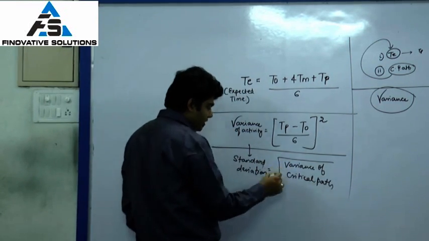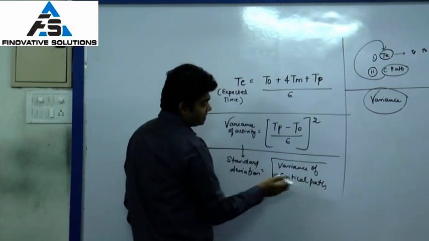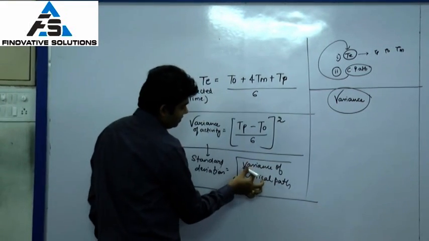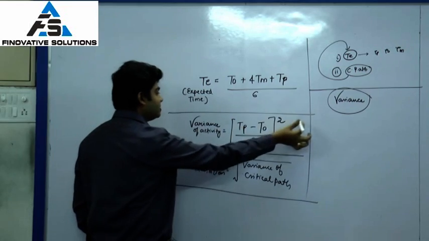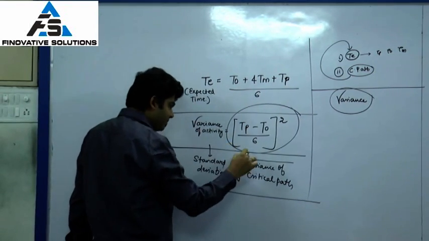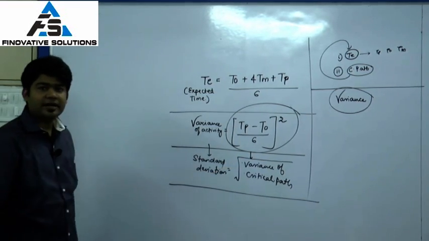It will be the square root of the variance of the critical path that is there in the question. I calculate that using (TP minus TO) upon 6, the whole square, as the formula, and then take the root to get the standard deviation.